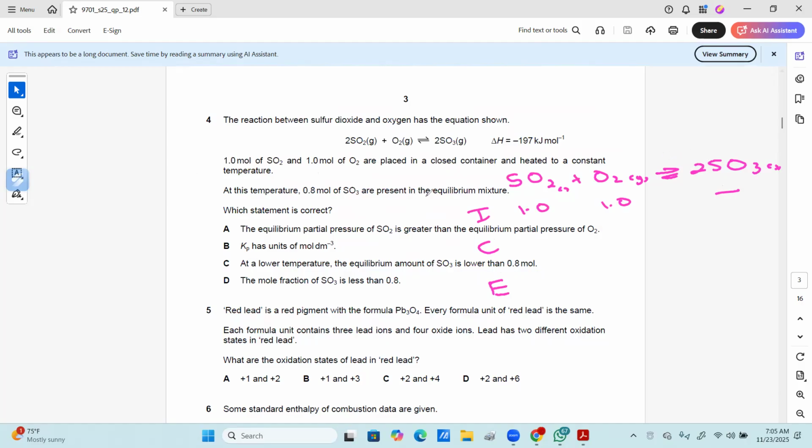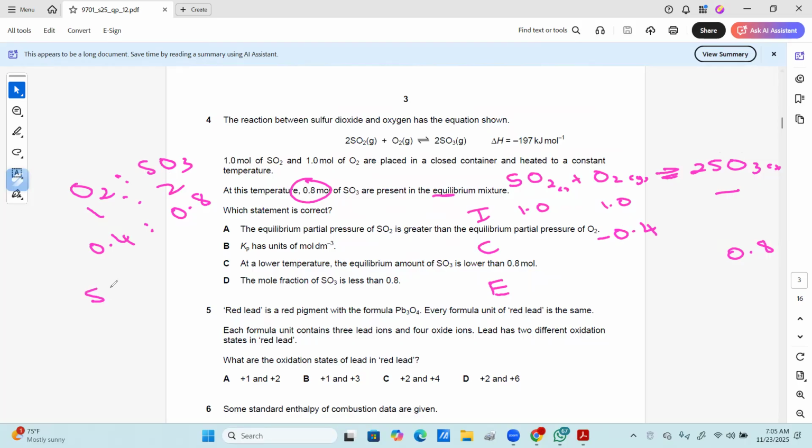But they have mentioned that in the equilibrium mixture, you have 0.8 of sulfur trioxide. Then if you take the ratio between oxygen and sulfur trioxide, it's 1 to 2, and the moles of sulfur trioxide is 0.8. Then the moles of oxygen, according to that, should be 0.4. That means the change is 0.4. When you consume 0.4 moles of oxygen, 0.8 moles of sulfur trioxide has formed.